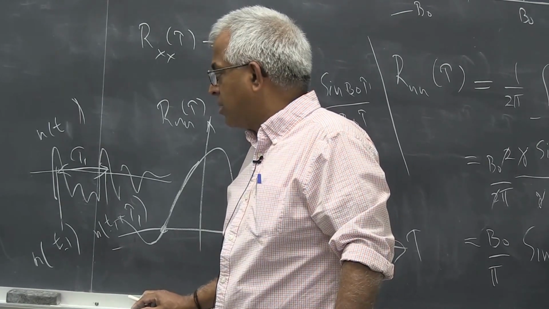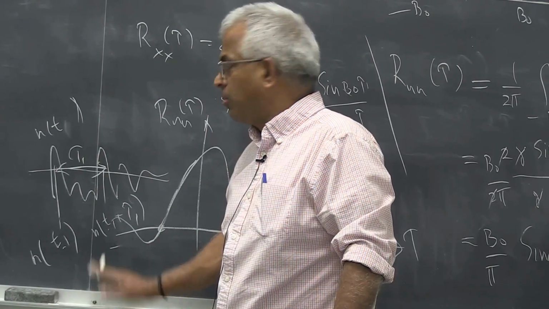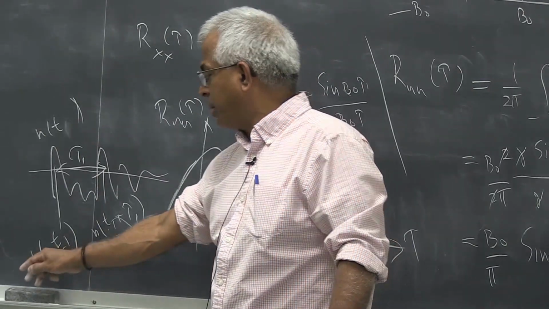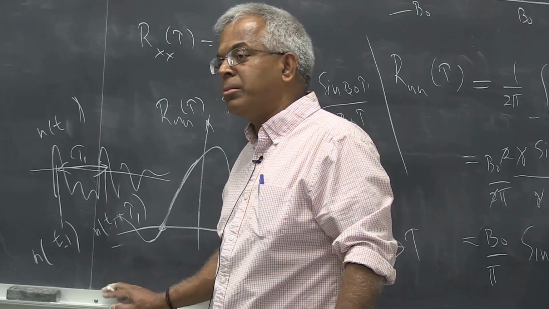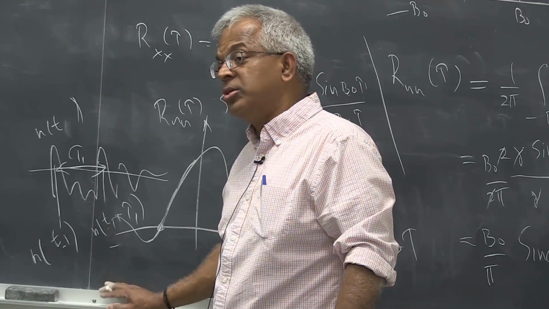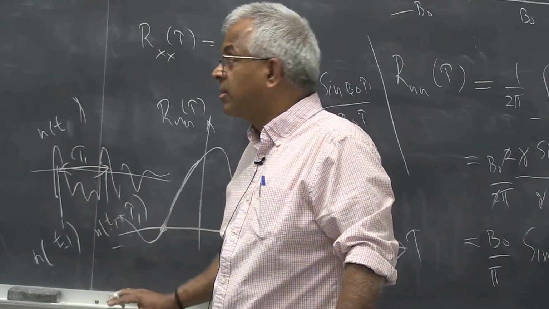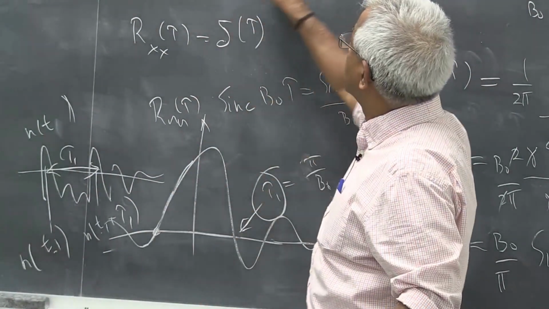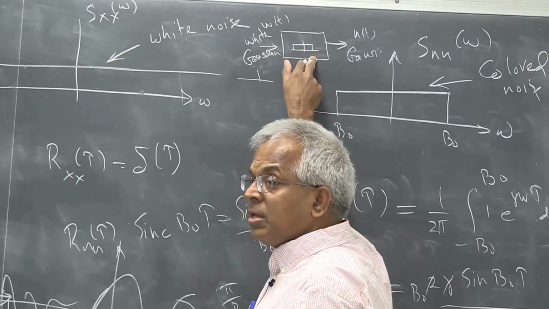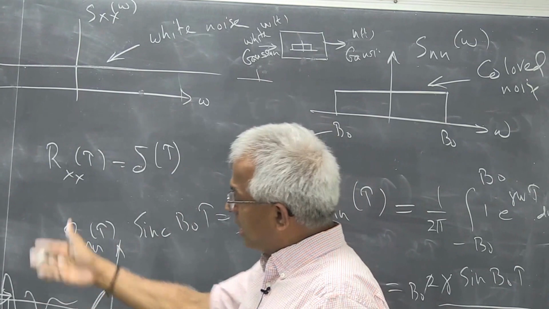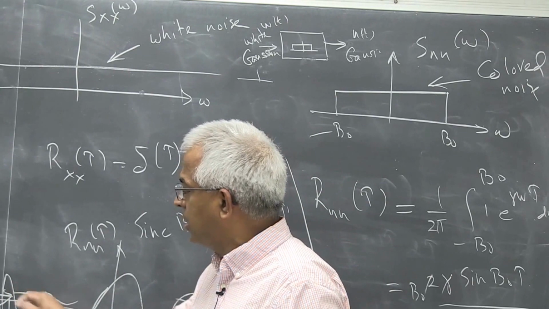So two Gaussian random variables are what? Remember, let's assume it is zero mean. So you have the expected value of n(t1) multiplied by n(t2) equal to 0. So the two random variables are uncorrelated, but they are Gaussian, so they are also independent. So you can deduce all this stuff. Let me summarize what I said, and see whether it makes sense. If I pass a white Gaussian noise process through a low pass filter, by adjusting the bandwidth I can make the output samples at particular times periodically independent.